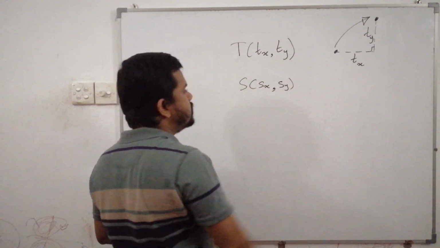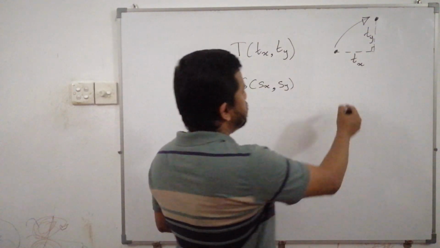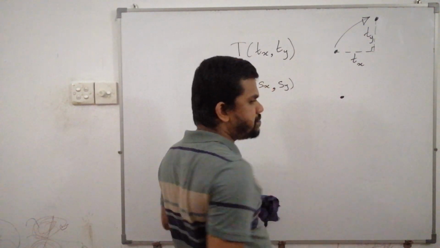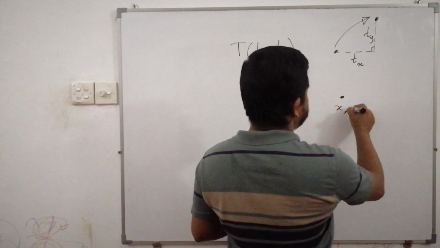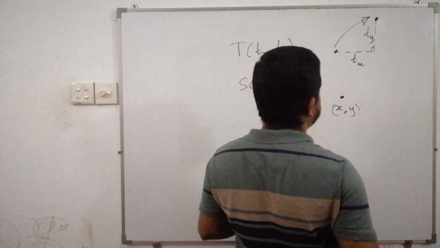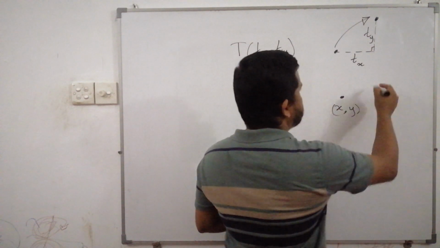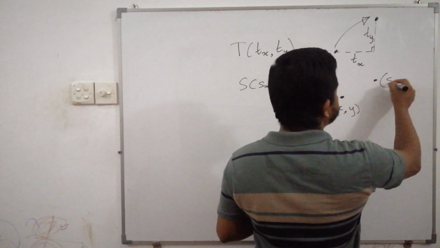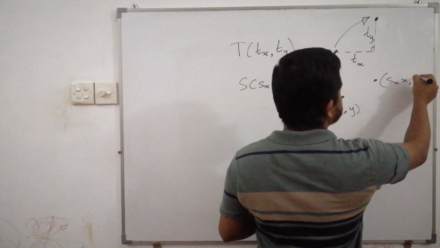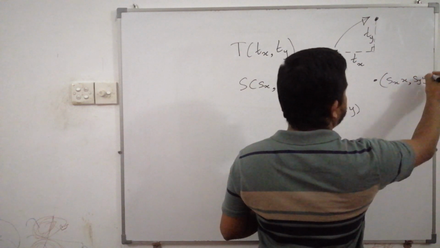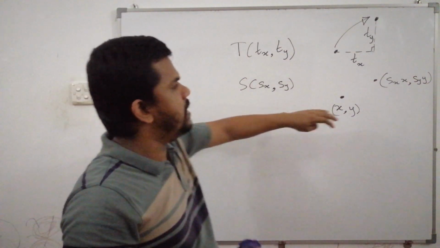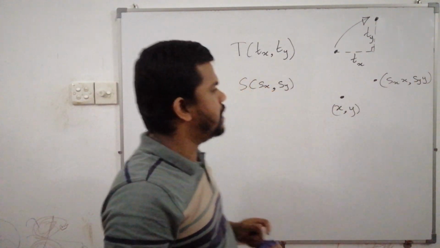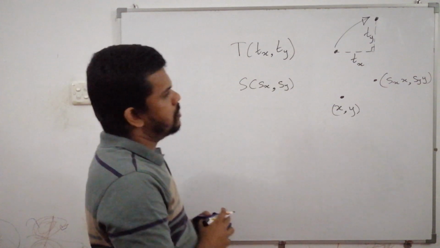After that we discussed scaling. These are the two scaling factors. If a point has coordinates x comma y, then it becomes sx into x, sy into y. So this is scaling with respect to the origin.